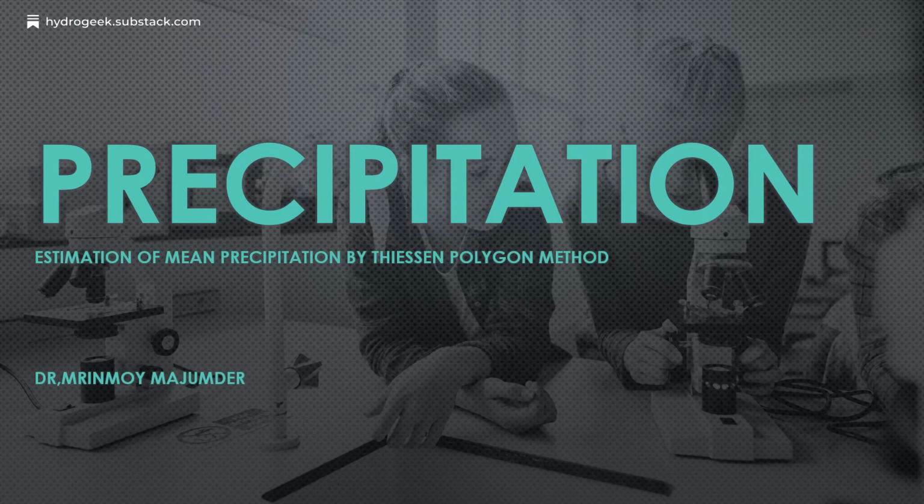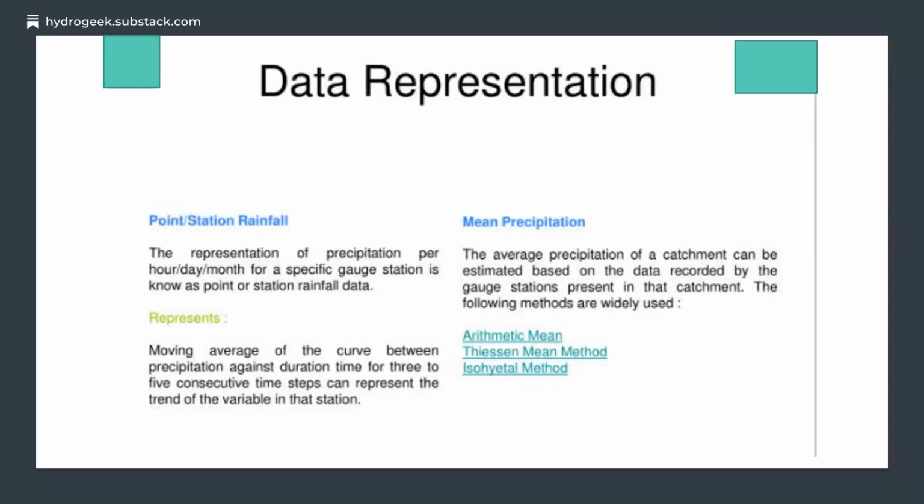Now, in a watershed, which is a very large area, suppose we want to know the mean precipitation of this entire watershed. Let us represent it by P subscript M.